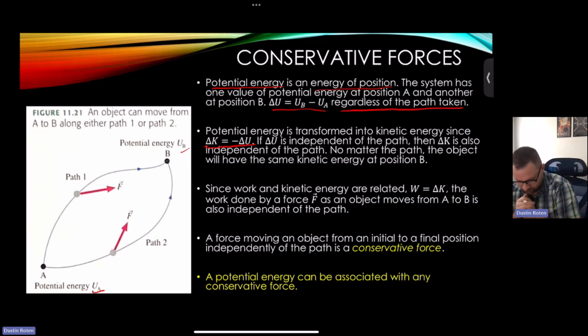So if the potential energy here is independent of the path, like it says here, well, that means since they're related, the change in kinetic energy must also be independent of the path. So essentially, no matter the path taken, the object will have the same kinetic energy at B.